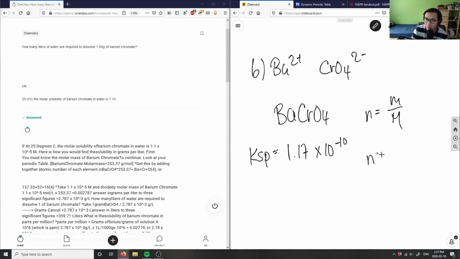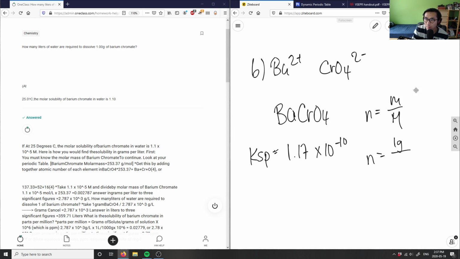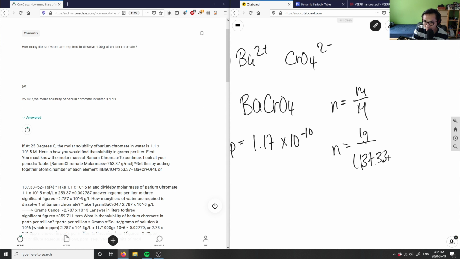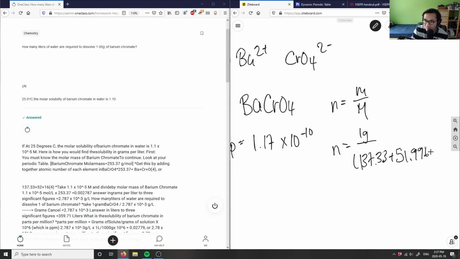The moles is going to equal 1 gram divided by our molar mass of barium chromate, which is, let's see, Ba has 137.33 as our molar mass, plus our molar mass of chromium, which is 51.996, plus 4 times our oxygen, which is 15.999. So this will equal 1 divided by 137.33 plus 51.996 plus 4 times 15.999. This is going to equal 3.94 times 10 to the negative 3.